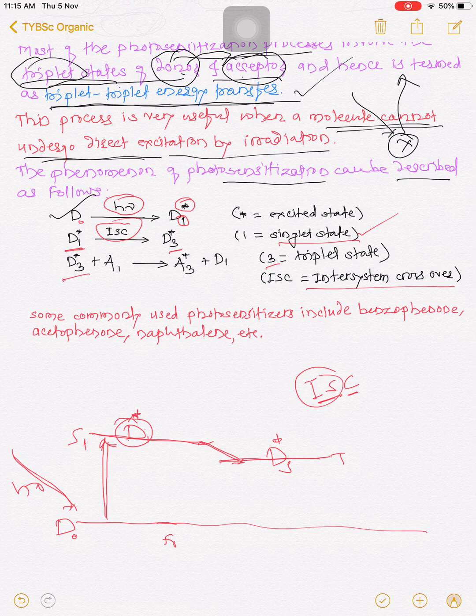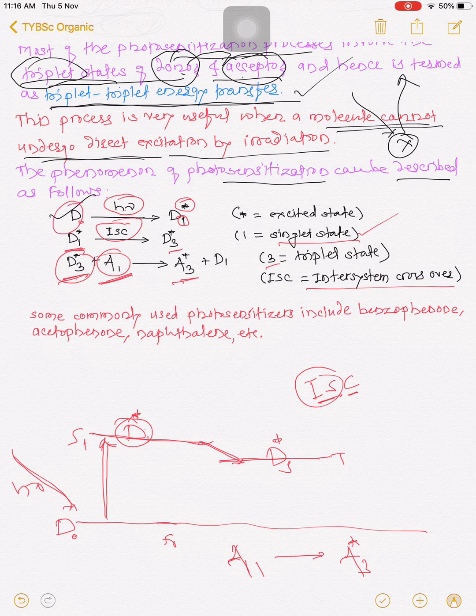So the molecule which is in the triplet state gives energy to the acceptor, and after that the acceptor, which is A1, is transferred to the triplet state.